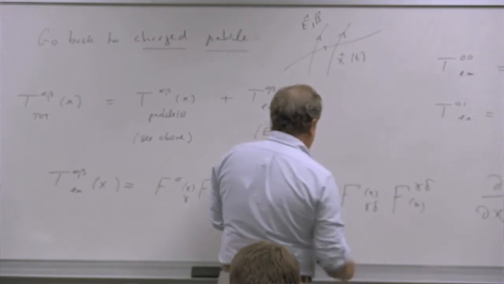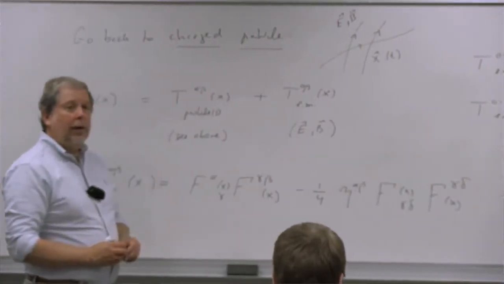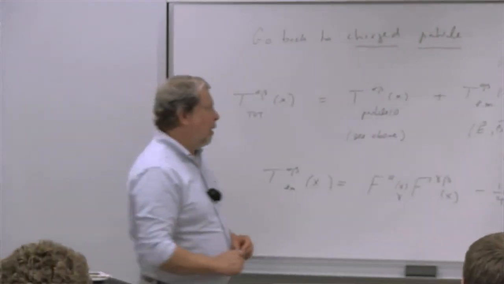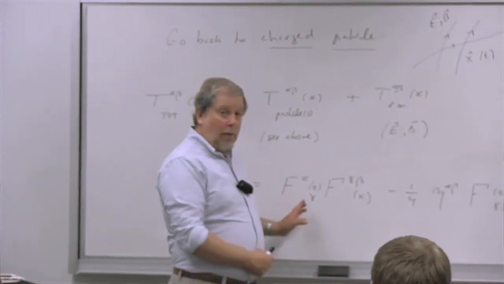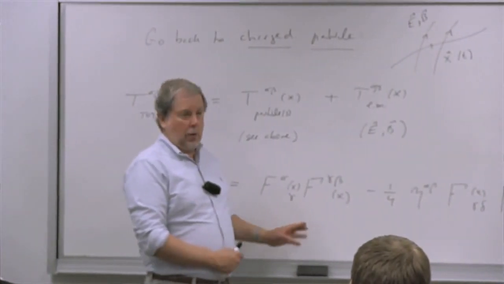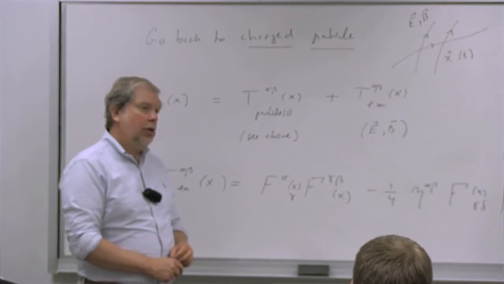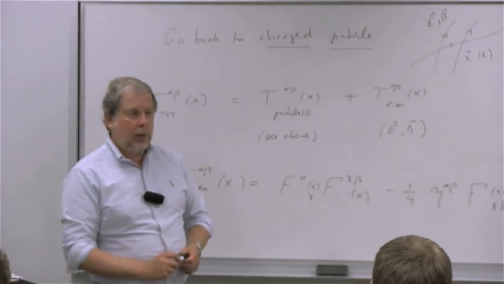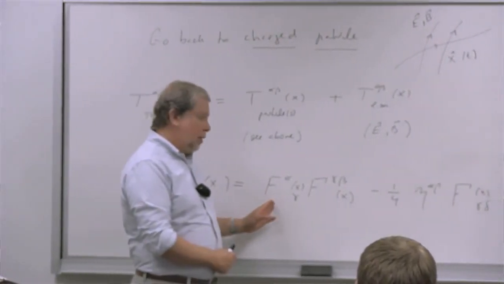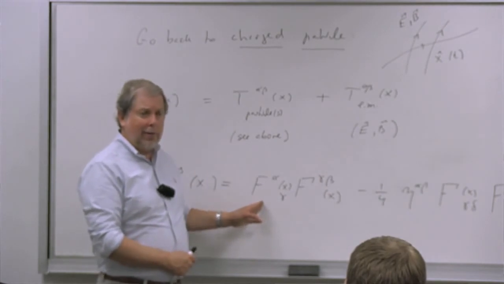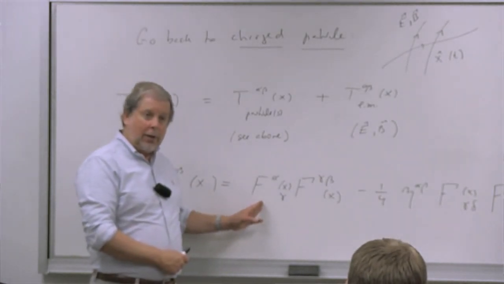It depends on x. Of course, the eta is not x dependent. And so you have to take a whole bunch of derivatives. And so what are you going to use to show eventually that this is 0? Well, the only thing you can use is some knowledge about what the derivative of F with respect to x is equal to.